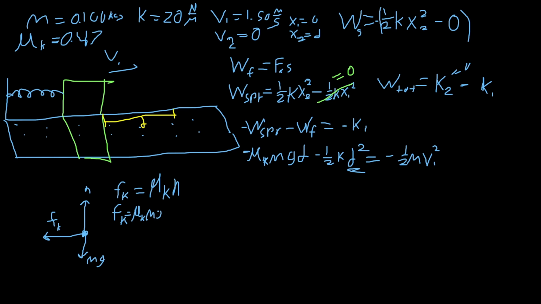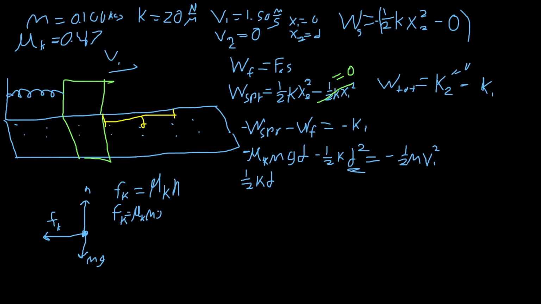And I think you can already tell here, but we're going to have a quadratic formula to solve for our d value, which is not the most fun thing to solve for. I'll have it pre-calculated so I don't have to take the time to solve for it, but you guys can check if you get the same answer at the end. So obviously we're going to have to get them all on the same side here.